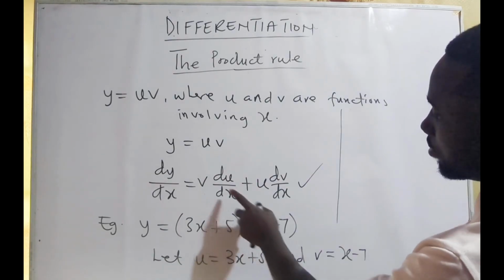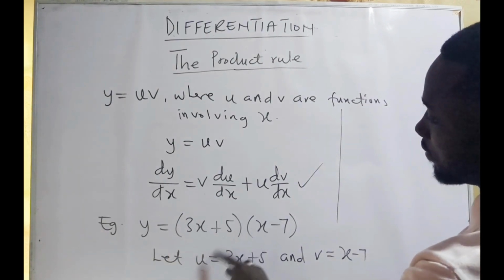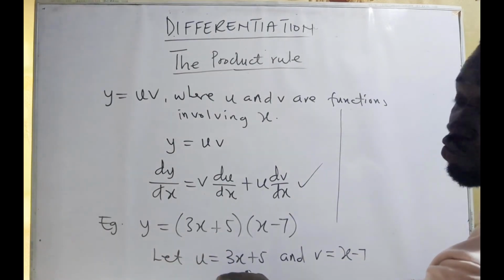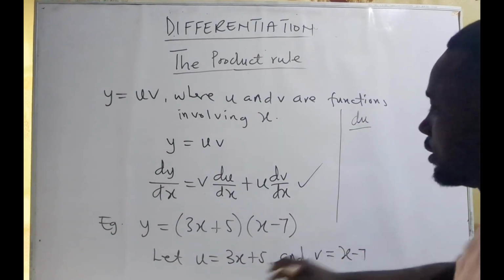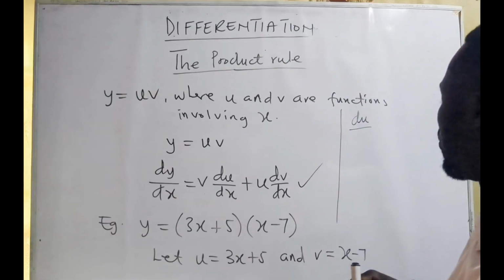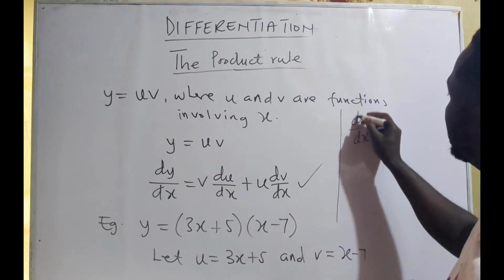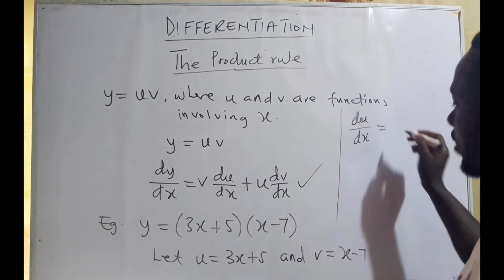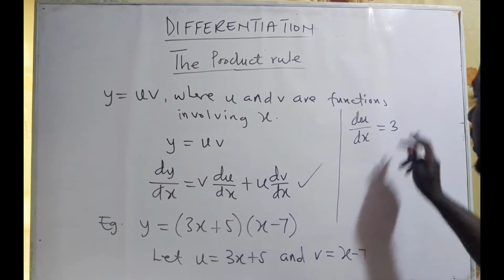If 3x plus 5 is my u, then I differentiate u, du over dx. If I differentiate this, that will give me a 3, and this will be 0, so that will be 3.